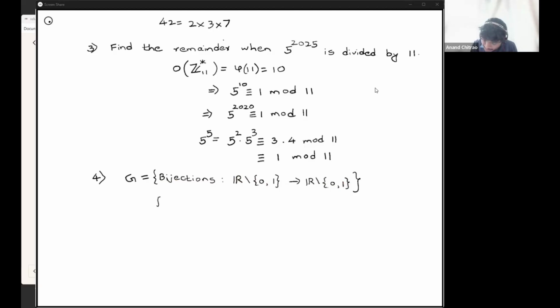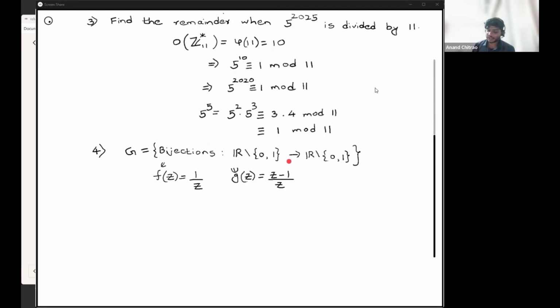Now I'll tell you 2 elements in this group. F, which is 1 by Z, and G, which is Z minus 1 by Z. I'm looking at this group under the operation of composition.